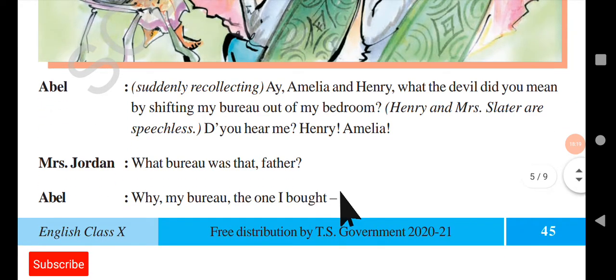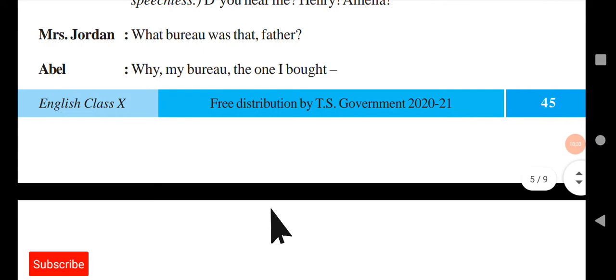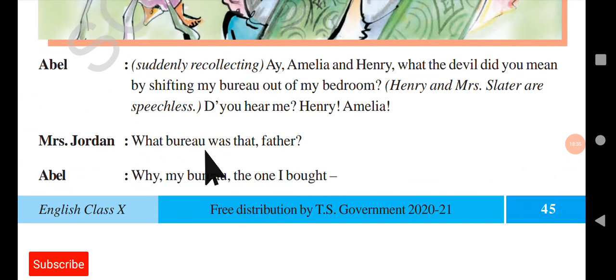Okay, so he again says, "Do you hear me, Henry, Amelia?" He's just shouting at them. Mrs. Jordan: "What bureau was that, father?" Abel: "Why? My bureau, the one I bought." Mrs. Jordan: "Father, about which bureau are you speaking?"